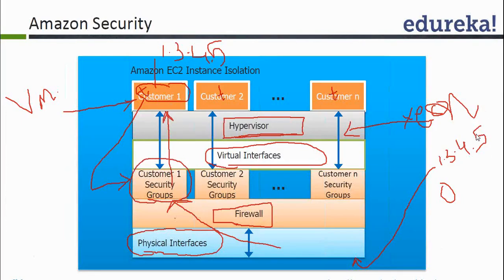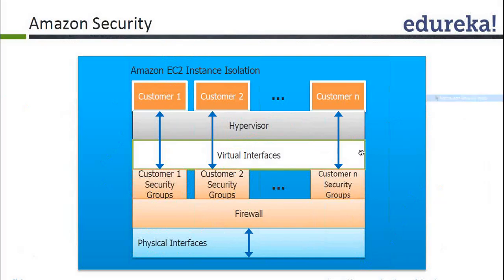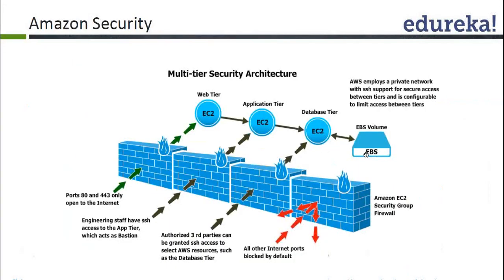If I explain in a little more detail, in an MVC architecture, I'm sure most of you know the multi web app 3-tier architecture. This is my web tier, this is my app tier, this is my database tier. Now for the web tier, I have opened port 80 for everyone. So anybody who requests on port 80 and 443 can access my web tier.